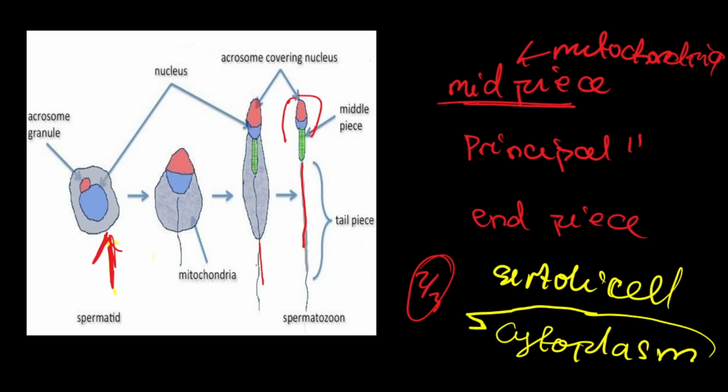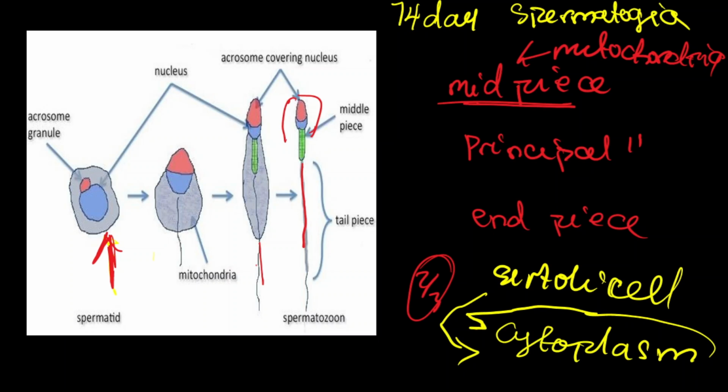The nucleus has to become more compact, as we can see in this picture. Now, the Sertoli cells help in the absorption of some of this cytoplasm. On average, it takes about 74 days for spermatogonia to be converted into mature spermatozoa. Okay, and about 3 million sperm are produced daily.